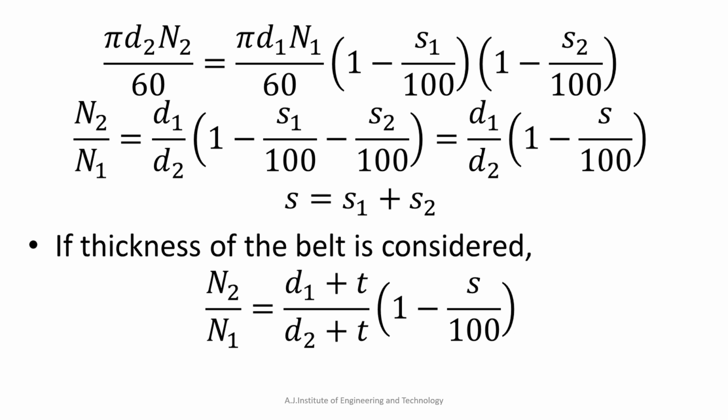If you consider the slip in the belt, then this is the actual equation. If you consider thickness, then add the thickness also: n2 divided by n1 is equal to d1 plus t divided by d2 plus t into 1 minus S divided by 100. This is your final equation.